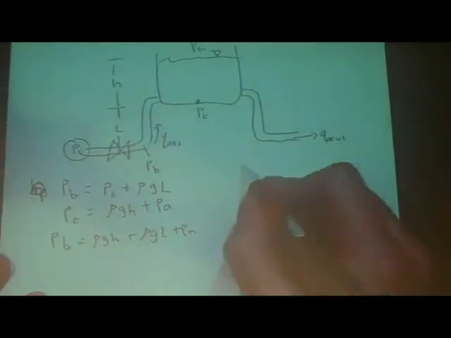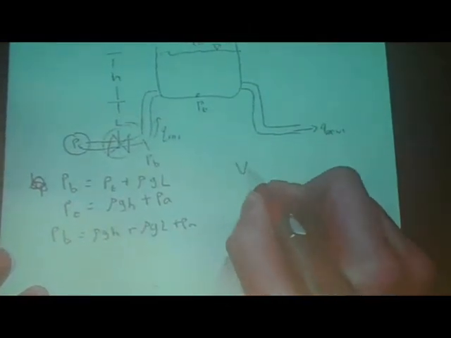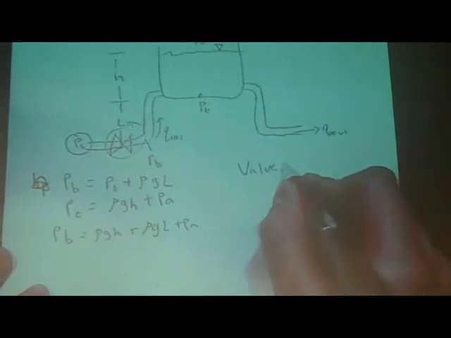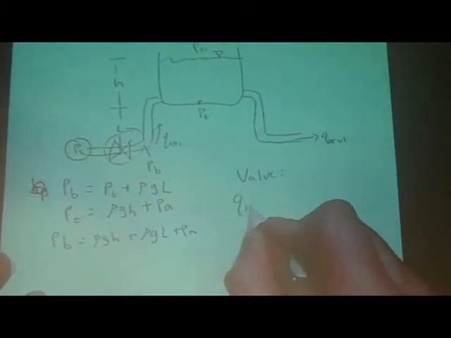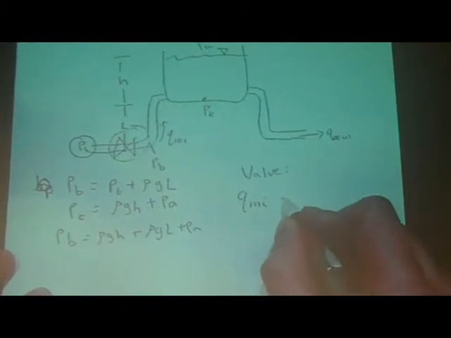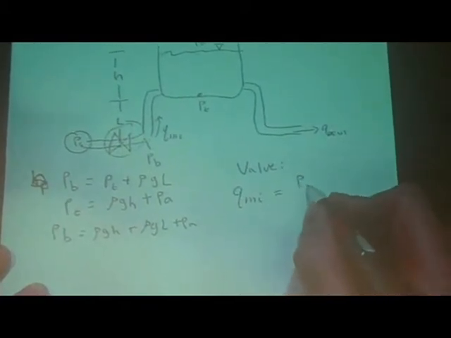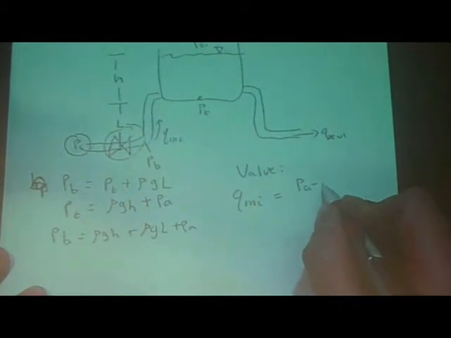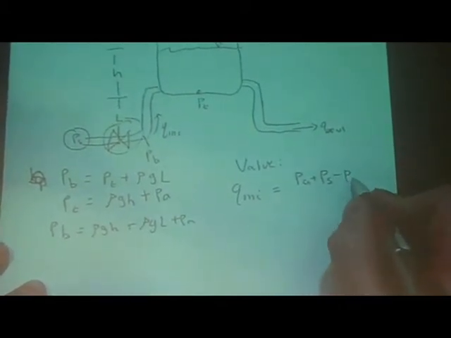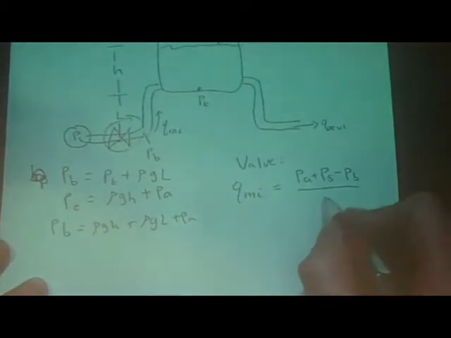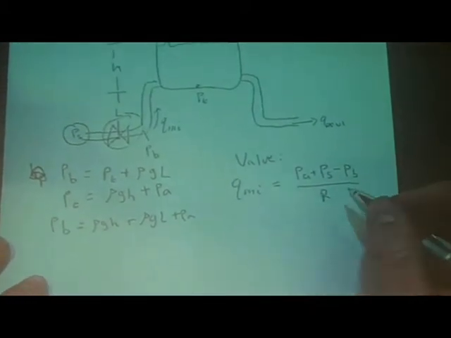Now, the next thing to do is to analyze each component of the system. So I'll start by analyzing this component of the system, the valve. The governing equation for the mass flow rate through a valve is equal to PA plus PS minus PB, all over the resistance within the valve.